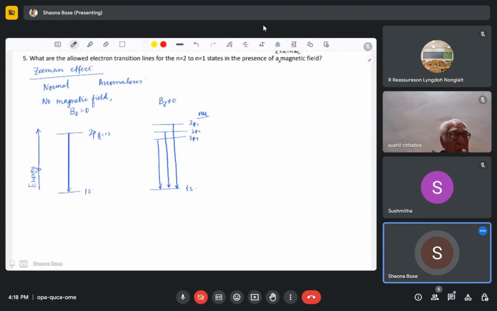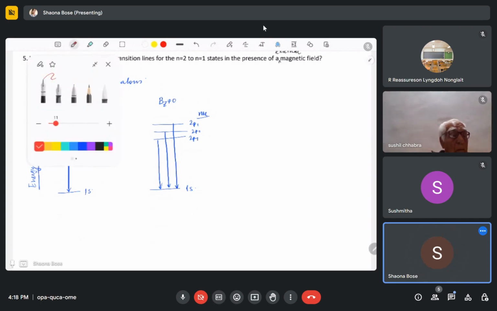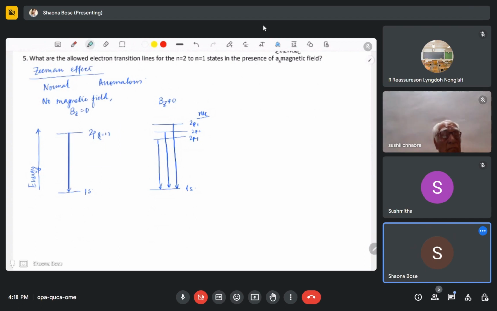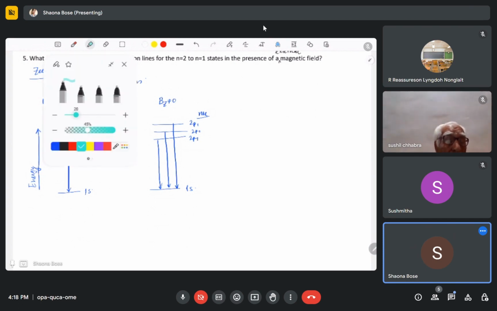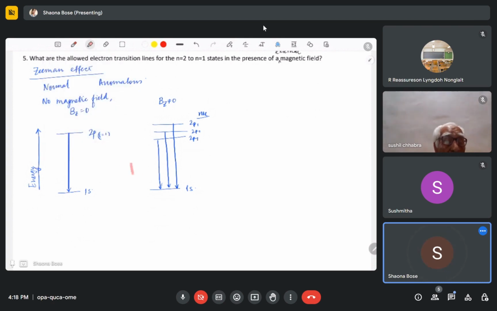But later on it was seen that there aren't just 3 lines, there are more lines. So let me just write that there are more lines.